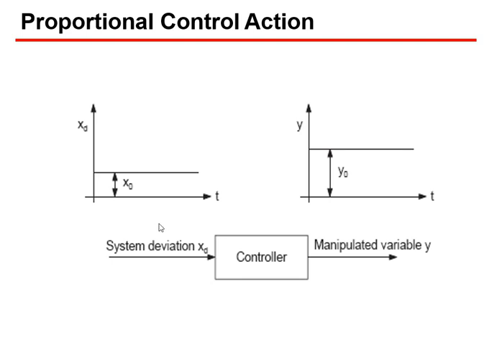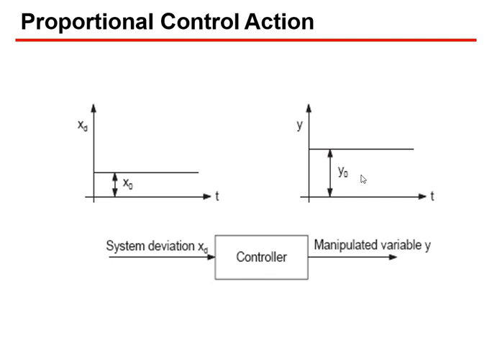Here it is shown clearly. Suppose the system deviation is x0, given over here on the left side, and the manipulated variable or controller's output is given over here. So x0 is nothing but your error signal or deviation, and that is amplified with the help of the proportional control action.